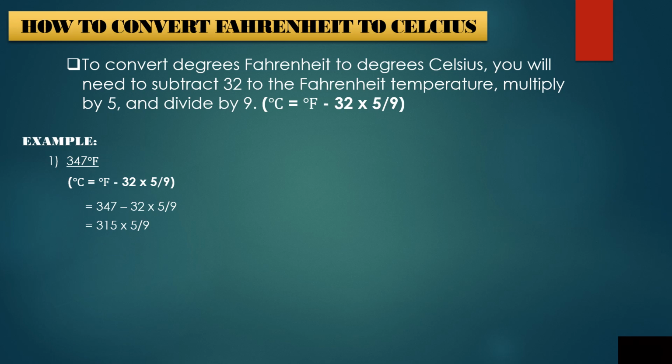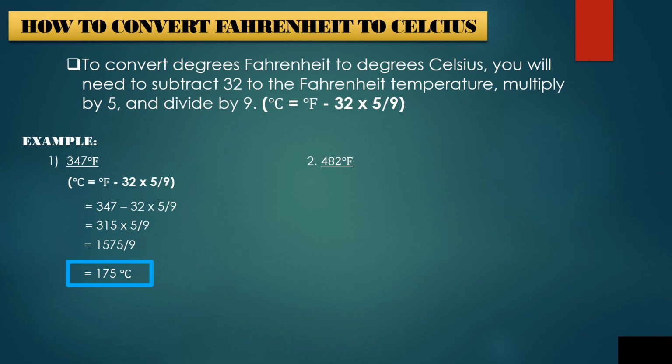So 347 minus 32 is equal to 315. So, ita-times natin siya by 5 and then divide by 9. 315 times 5 is equal to 1,575 and then divide by 9. So, 1,575 divided by 9 is equal to 175 degrees centigrade. So, ito yung ating sagot.